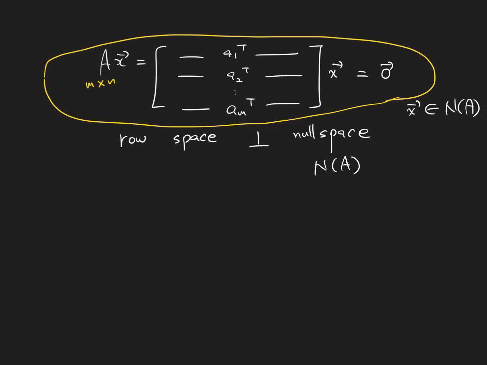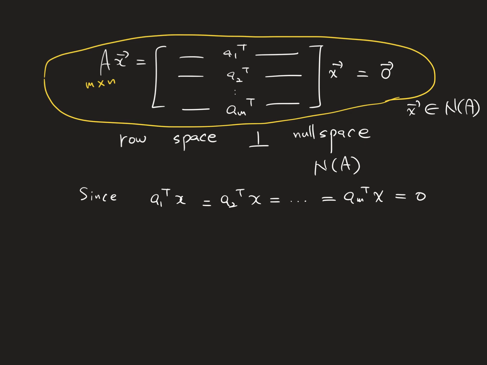If you see this equation, a1 transpose x is equal to 0, a2 transpose x is equal to 0, by definition of null space, and a m transpose x will be 0.